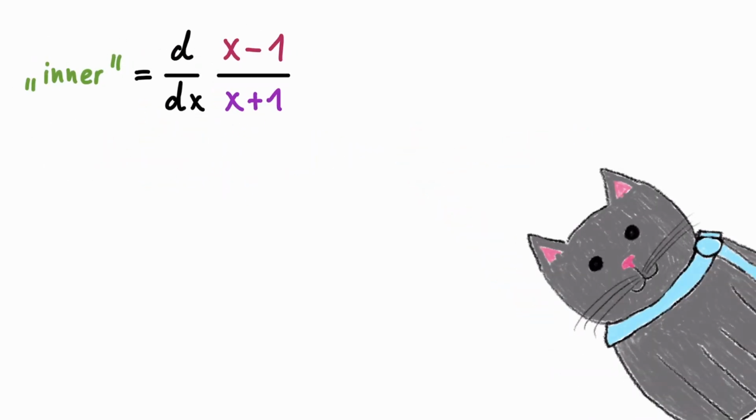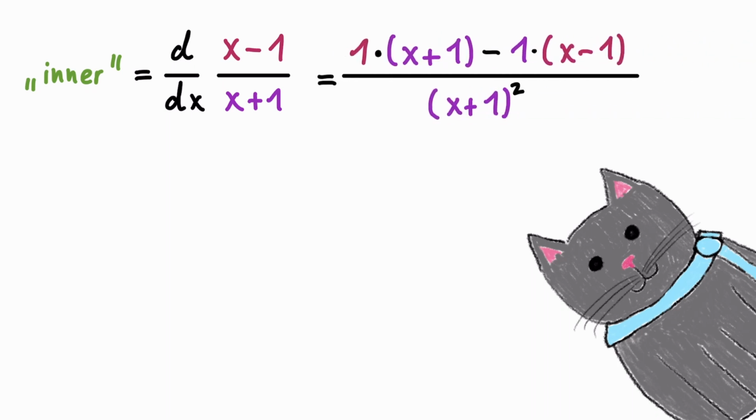The inner derivation is obtained by differentiating the fraction (x minus 1) divided by (x plus 1). Here, we need to apply the rule for differentiating fractions, where the derivative of the fraction u divided by v is equal to (u prime v minus u v prime) divided by v squared. This results in the derivative of (x minus 1) divided by (x plus 1) equaling (1 times (x plus 1) minus 1 times (x minus 1)) divided by (x plus 1) squared.